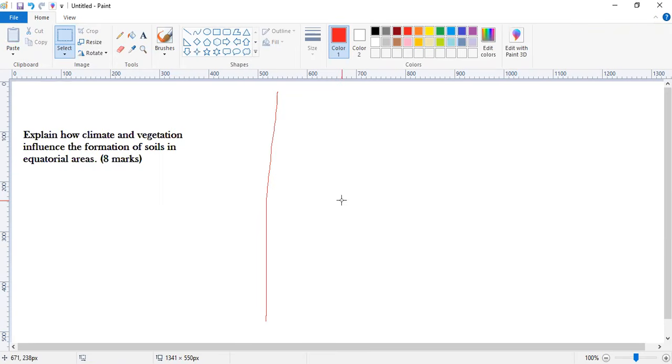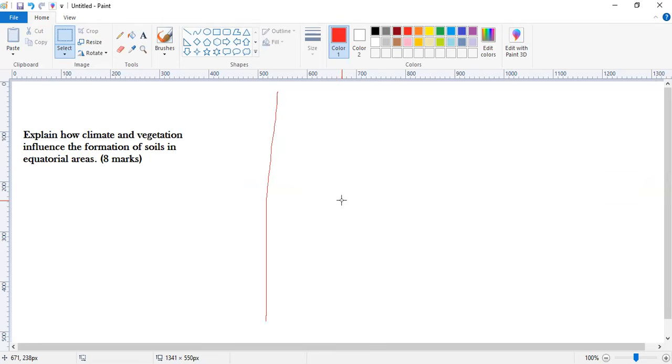We know that we studied tropical rainforest, and we studied equatorial climates, and we studied Latosol soils. So this question is about the soil and the vegetation and the climate that we studied. All right. Notice it doesn't actually mention the soil, but it would be good for us.